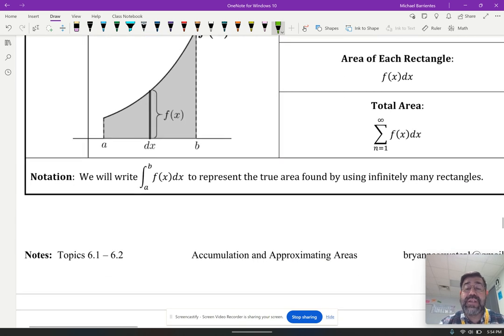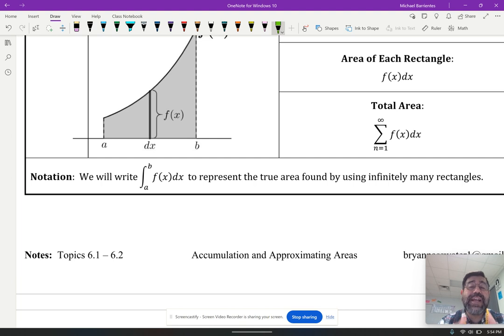So we remind you that this integral notation that we used in section 6.6 at the very beginning is going to represent the true area under the curve of us drawing infinitely many rectangles that are very, very wafer thin, if you will, infinitesimally thin, delta x getting smaller and smaller and smaller.